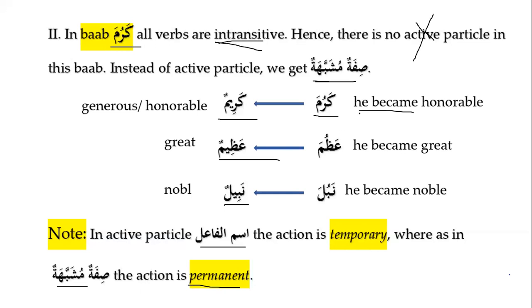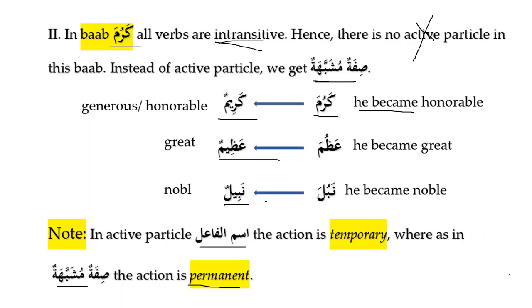So if someone is, Ustad, there is also sigatul mubalagha as well. Yes, we have fa'alun, and also we have fa'ilun, like kareemun, that's right. But here we are not discussing sifatul mubalagha, we are discussing sifatul mushabbahatun. So for example, we say someone is bakhil, bakhilun, bakhula yabkhulu, that means he's stingy forever.